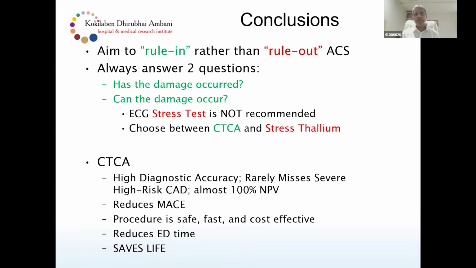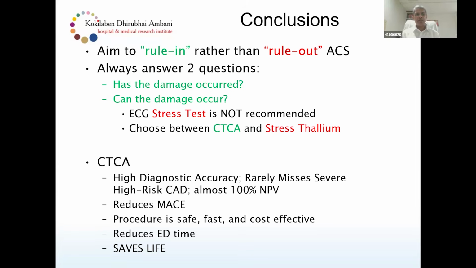Now, the functional imaging is a stress test, which a lot of papers have said is of no use and not recommended. Now, between the anatomical CTCA and stress thallium, CTCA is a more practical test, easily available. We get reported fast. It takes less than 5 minutes on the CT gantry to do the CTCA as compared to stress thallium. And stress thallium is more or less not a very popular test for evaluation of chest pain.